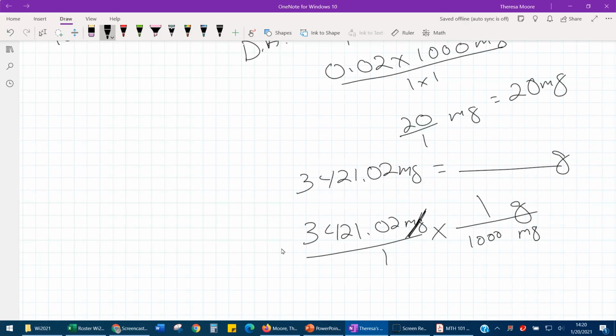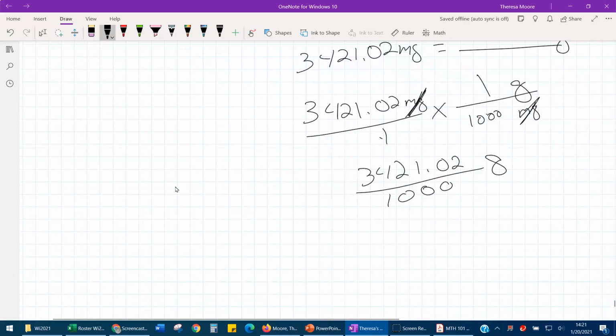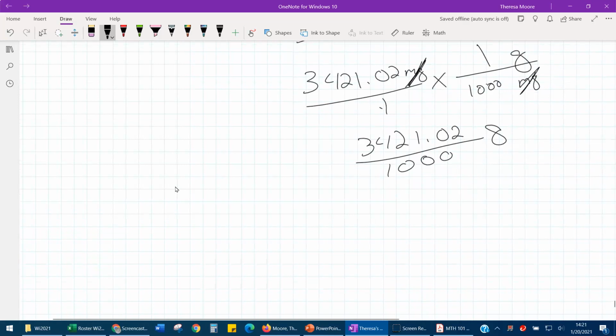So your milligram label, unit abbreviation, cancels. And you have 3,421.02 times 1 grams over 1 times 1,000, which gives you 1,000. Now you do this division. 3,421.02 divided by 1,000 is 3.42102 grams.